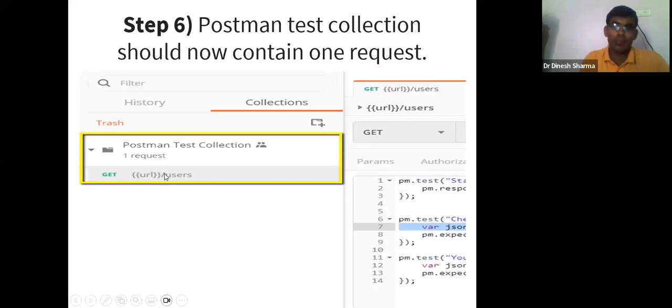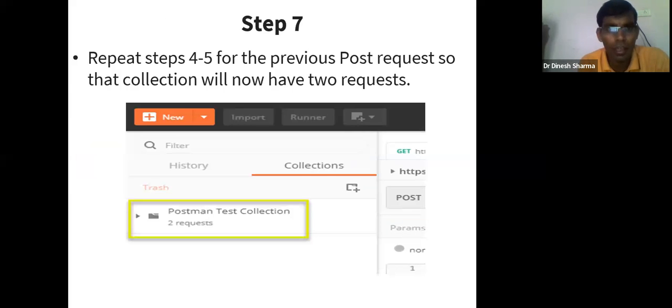When we click on this send button, we will also see whether any request is going with the help of the collection or not. If it is steps 4 and 5 of the previous POST request, the collection will now have two requests. In a collection, we can send multiple requests like request 1, 2, 3, 4, 5, and you can see all the requests.